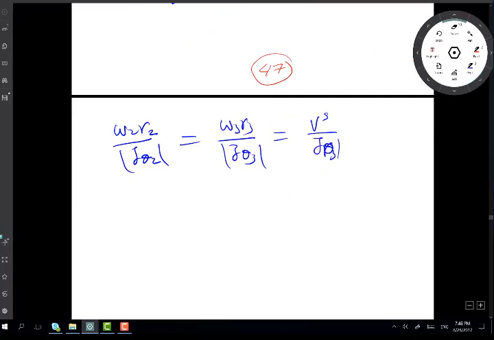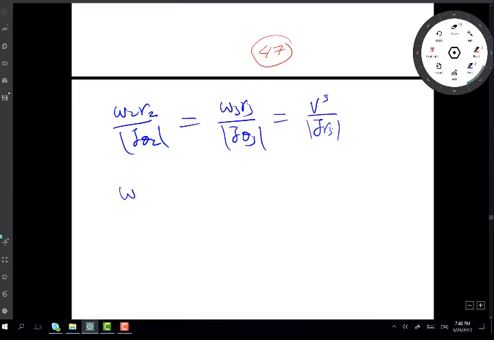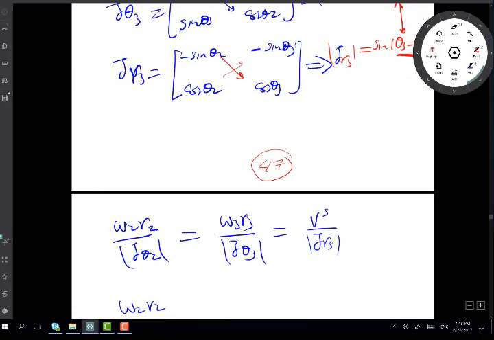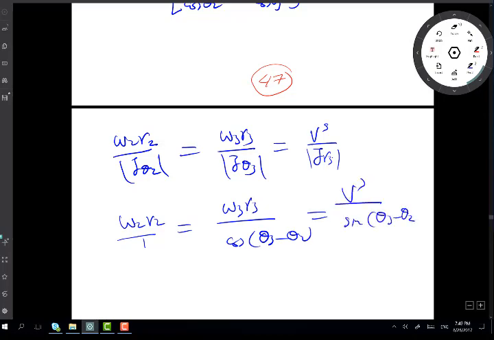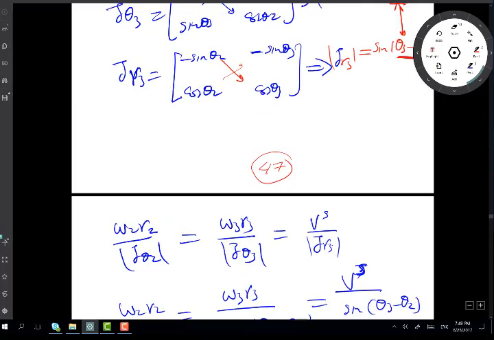So omega 2 R2 over 1, so it's 1 underneath, is equal to omega 3 R3 over cosine of theta 3 minus theta 2, which is V sliding over sine of theta 3 minus theta 2, from what I've just done here, right?